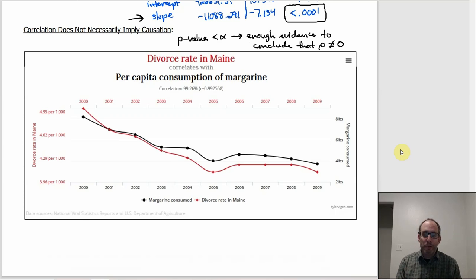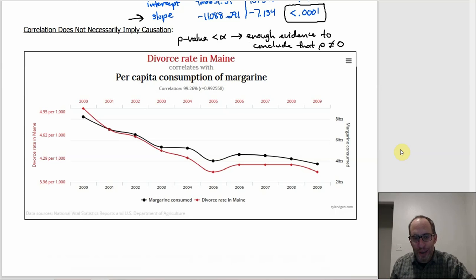You might have an association there, and it looks like you would, but that doesn't mean that if we're somehow able to reduce the consumption of margarine, that would also reduce the divorce rate in Maine, right? That's not really the way that works. Those variables don't have anything to do with each other. So that is a thing that you can have.